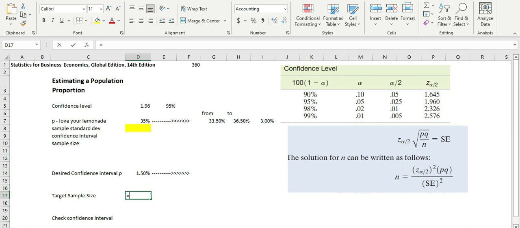We wanted to check the target sample size.